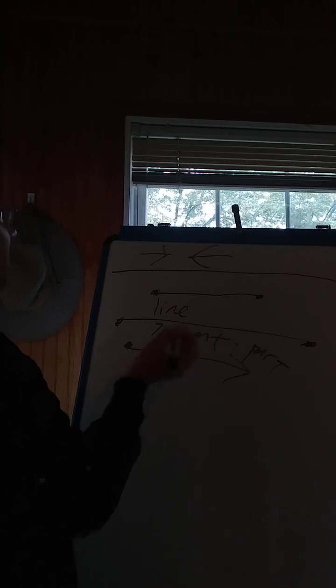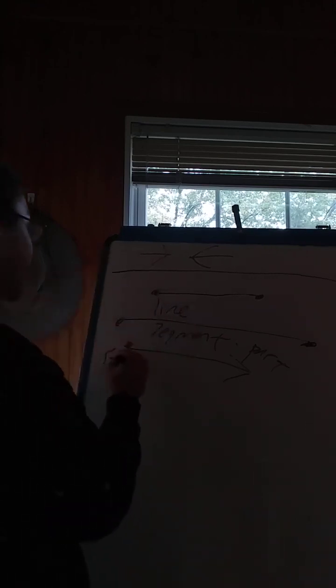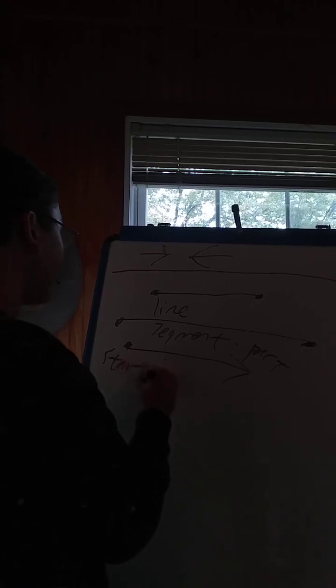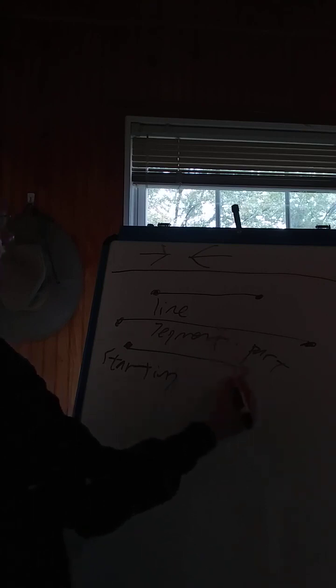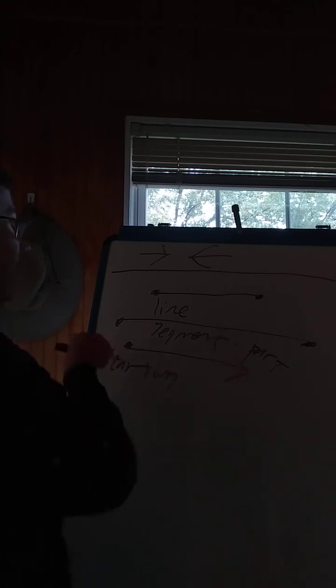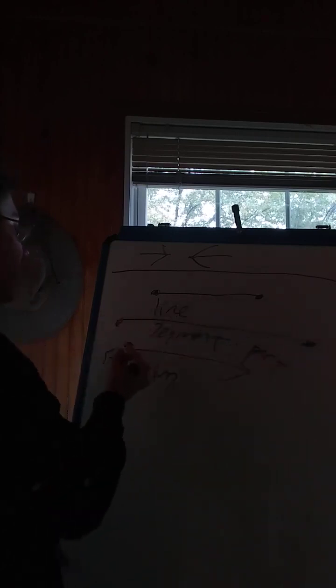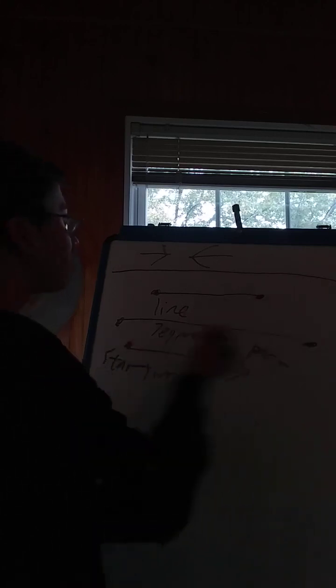So think of this dot here. If it is over to the left part of the line, it is the starting point. And this arrow does not mean that it is a stopping point of the line. The arrow is just pointing which direction it's going, and from the starting point the line is just going to keep going and going.